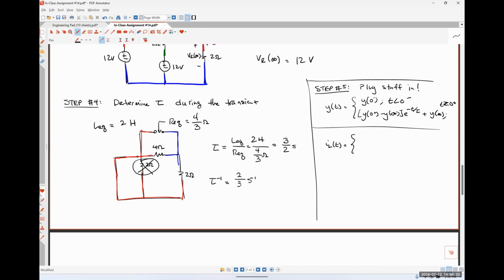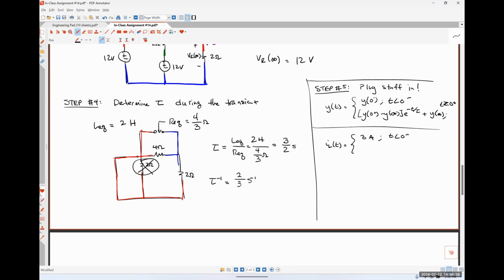So what was IL at 0 minus? I can scroll up if you need me to. 3 amps. So 3 amps, okay. What was IL at 0 plus? Also 3 amps. Okay, so we have 3 amps minus what was IL at infinity. 6.